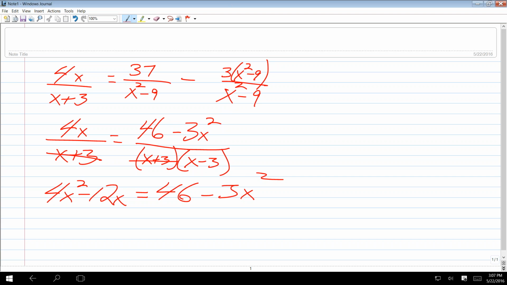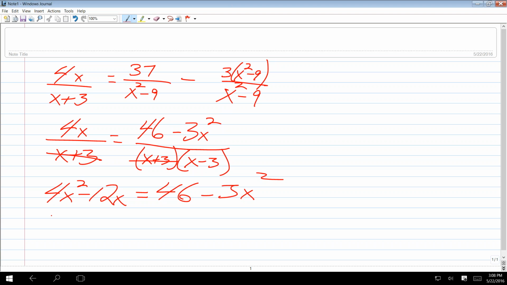Yes. Okay, whenever you have a quadratic, particularly one that has both an x squared and an x and a number, you always want to get 0 on one side. So let's move everything to the left, leaving 0 behind. What do you got?